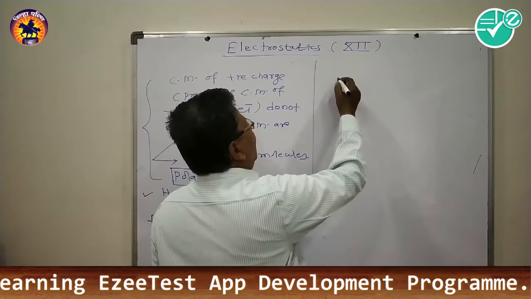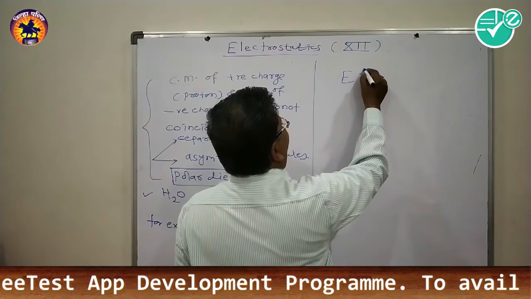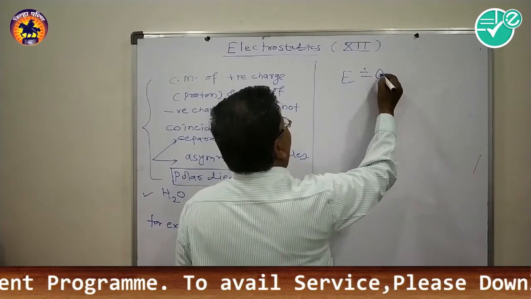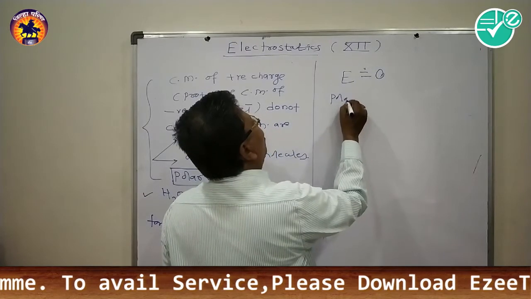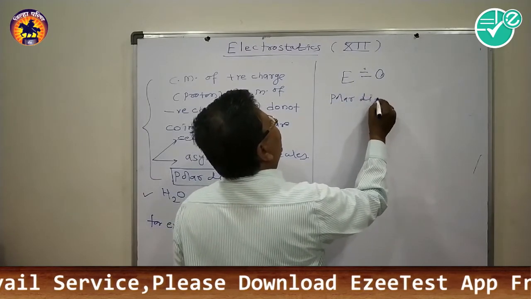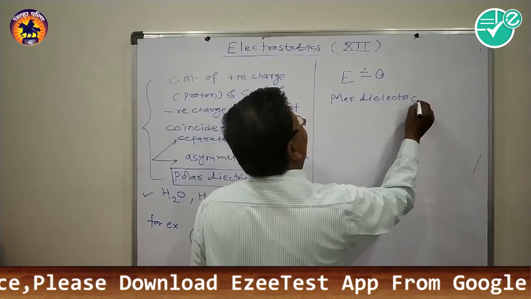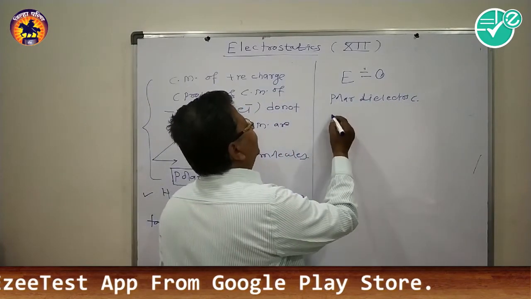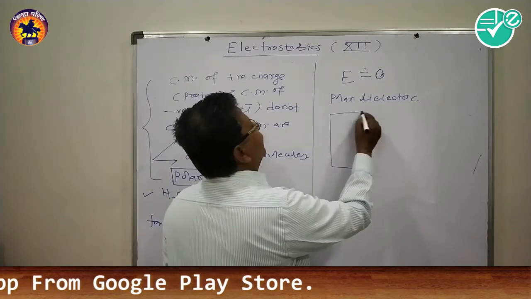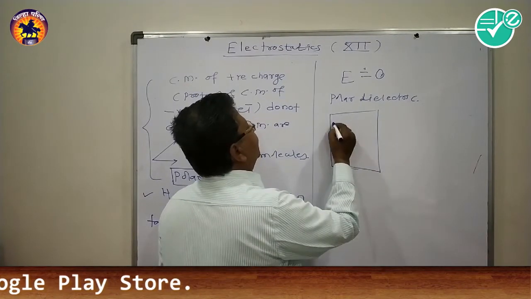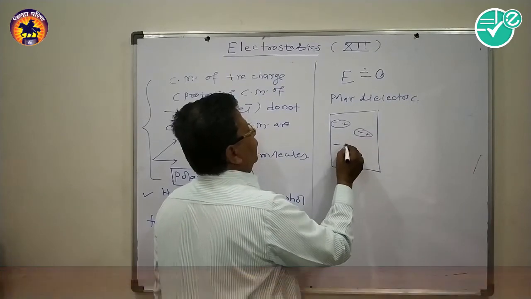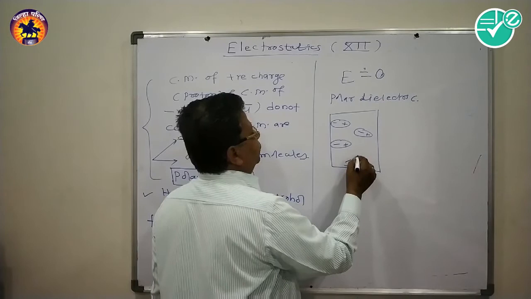But when electric field is absent, in case of polar dielectric, the electric dipole moments are randomly oriented. This is minus plus, minus plus. These are the electric dipoles.